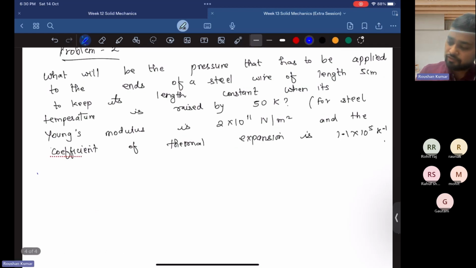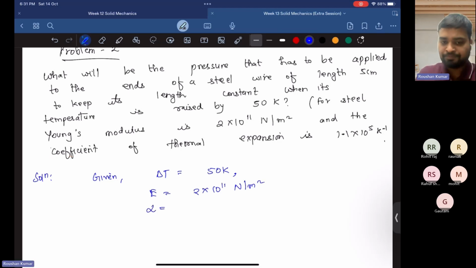So the solution of this question is, given here that delta T is equal to 50 Kelvin, that is the change in temperature is 50 Kelvin, and Young's modulus is given as E equal to 2 into 10 to the power 11 Newton per meter square, and alpha, which is the coefficient of thermal expansion, is given by 1.1 into 10 to the power minus 5 per Kelvin.